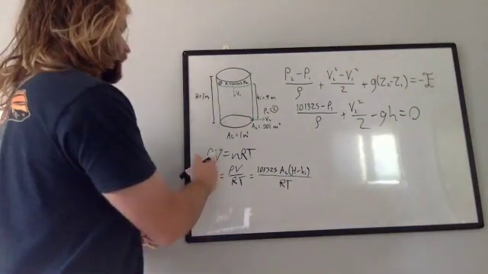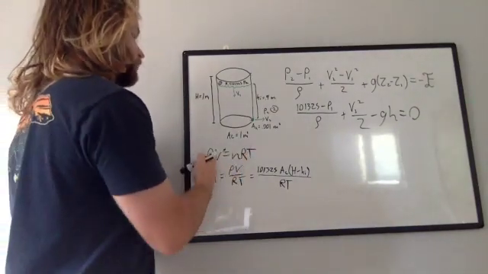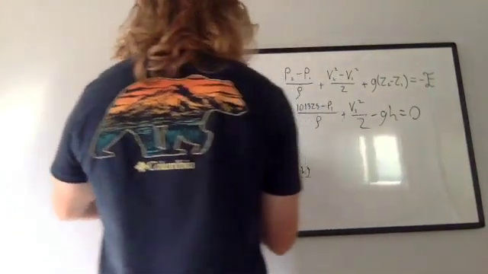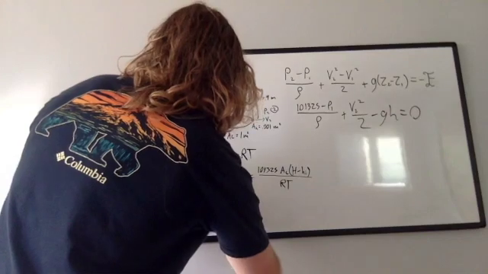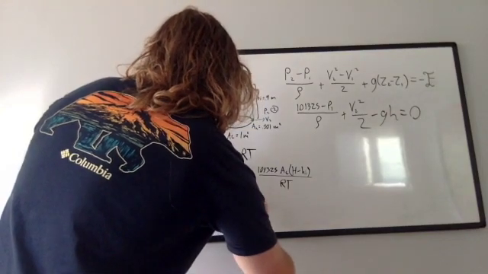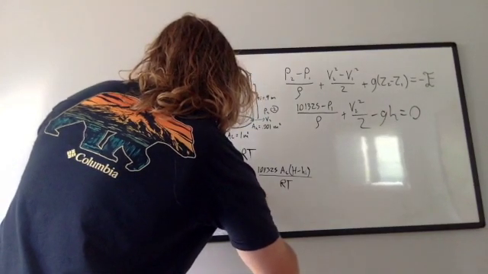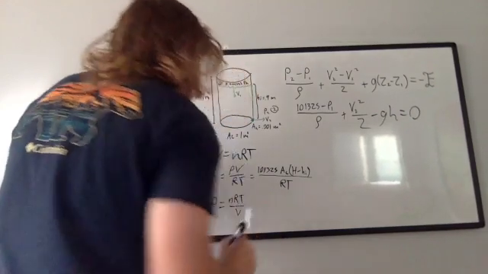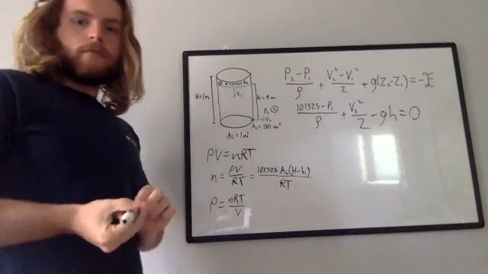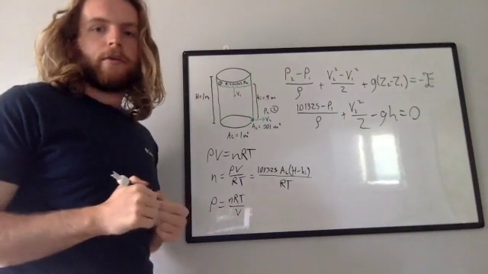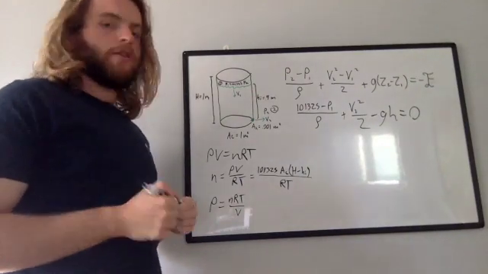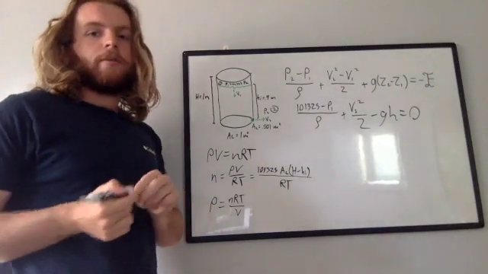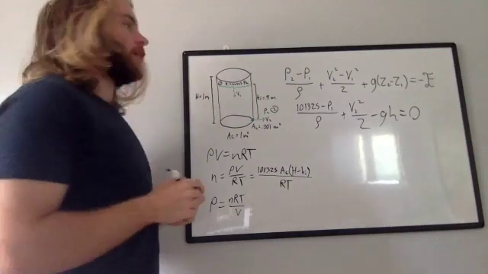And now we can go ahead and move this over so we can solve for pressure, because that is what we're looking for. We are trying to get pressure. We'll do this down here. So P is going to be equal to nRT over V, like so. All right, and the next thing we're going to want to do is say that our volume down here is going to be equal to our cross-sectional area.